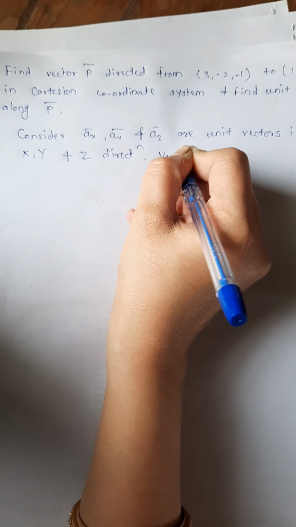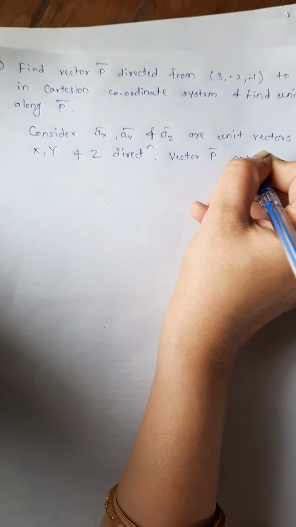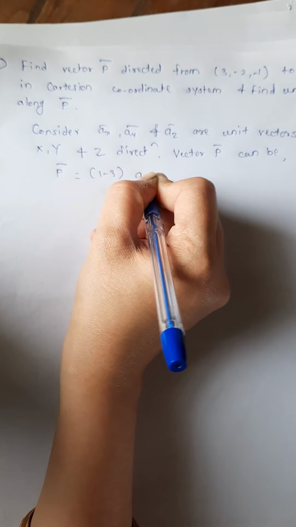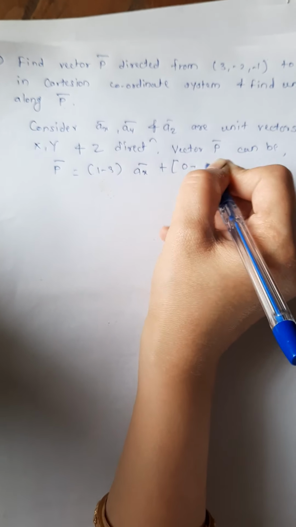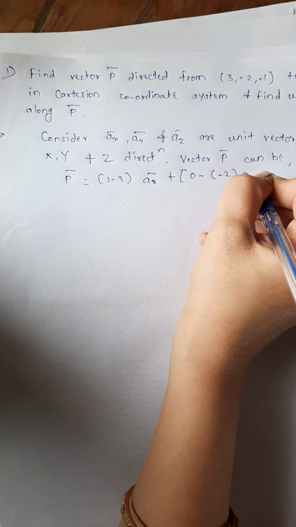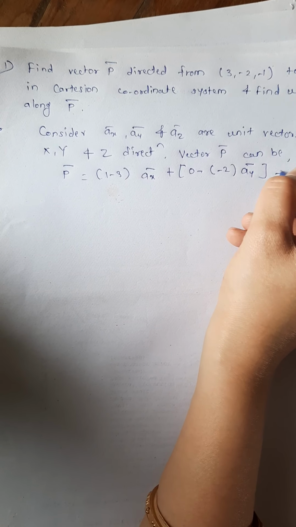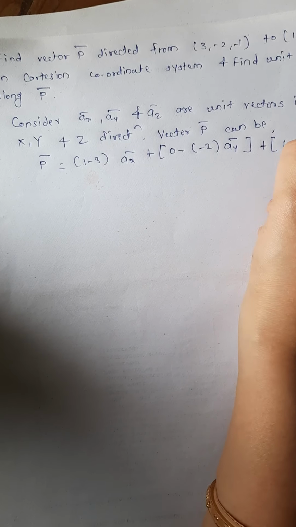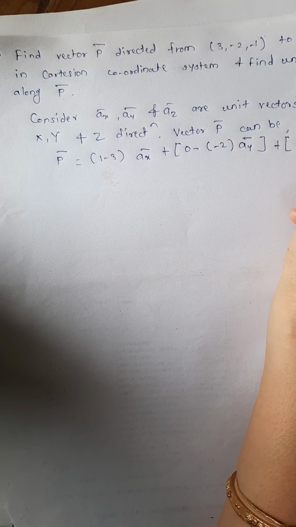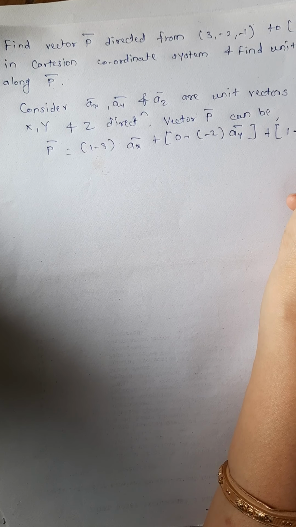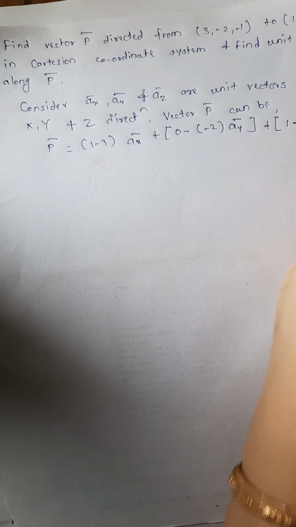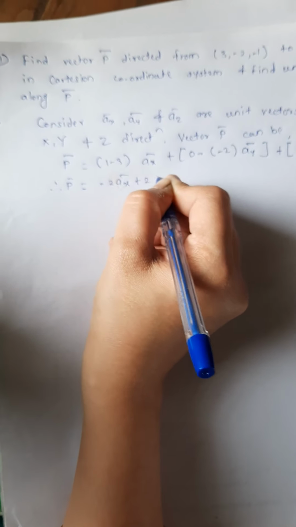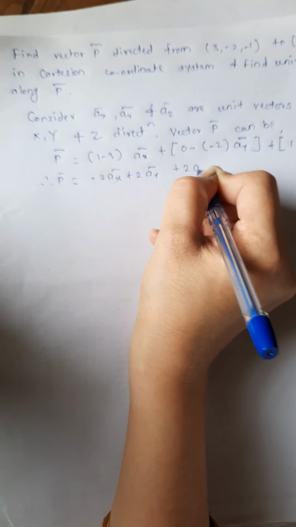Then vector p bar can be written as p bar is equal to (1 minus 3) ax bar plus (minus 2) ay bar plus (1 minus 3) az bar. So p bar is minus 2 ax bar plus 2 ay bar plus 2 az bar.